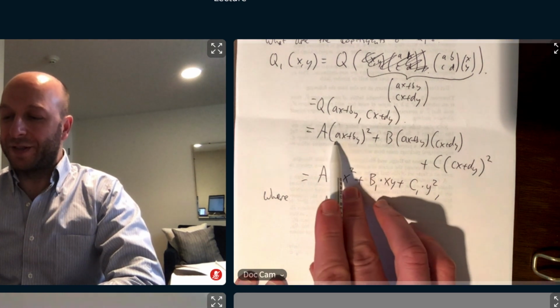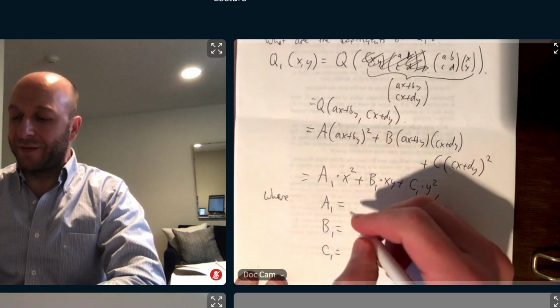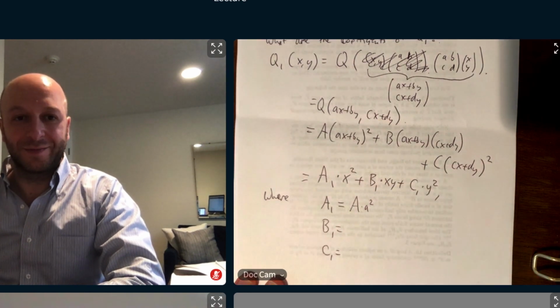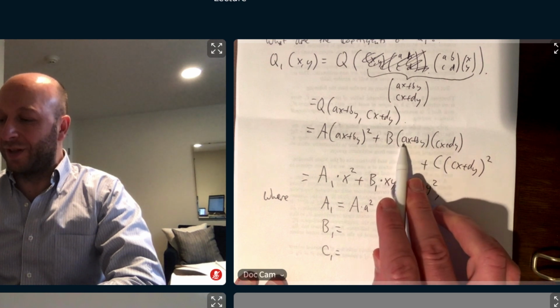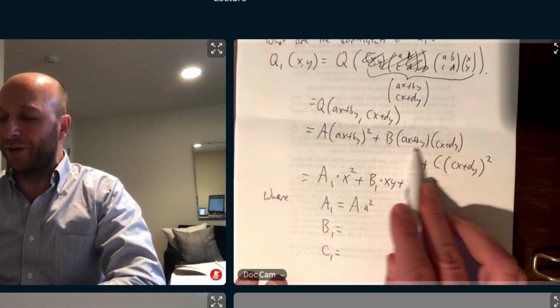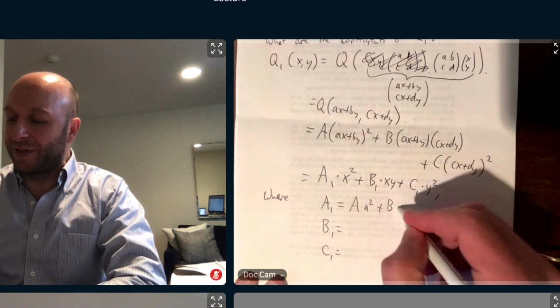The way I would do it is I would look at, I have an a squared x squared times capital A. So that's definitely going to be there. That's capital A times a squared. Then there's little a x times c x. That'll give me an x squared term. That comes with a capital B. So that's capital B times ac.